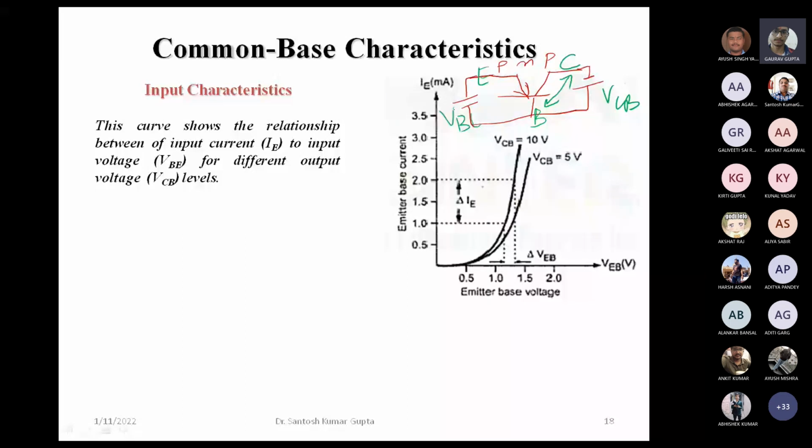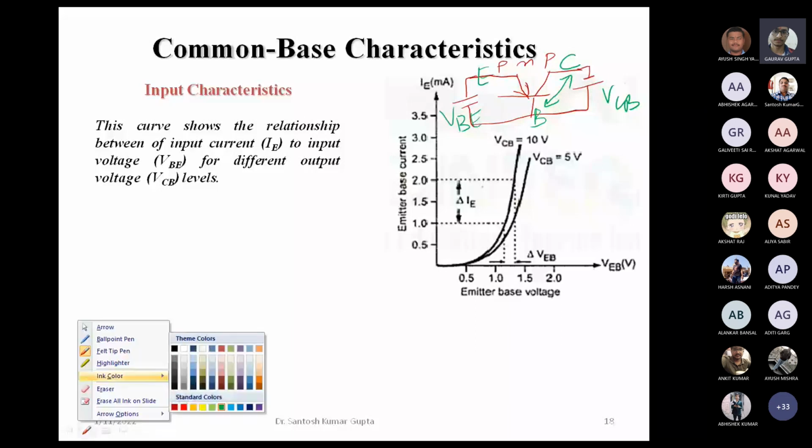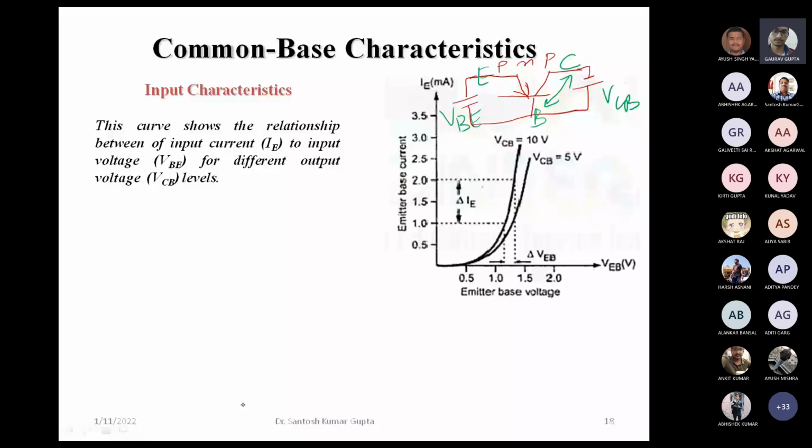So the base emitter junction is forward biased and collector base junction is reverse biased for the normal operations. We have also seen that input is given at emitter and output is taken at collector side. Okay, and this base is common to both input and output side.